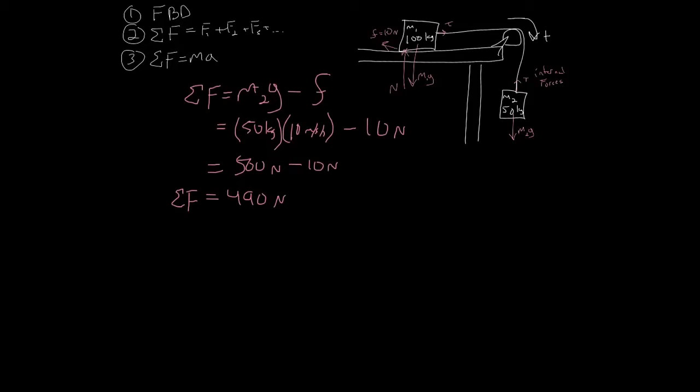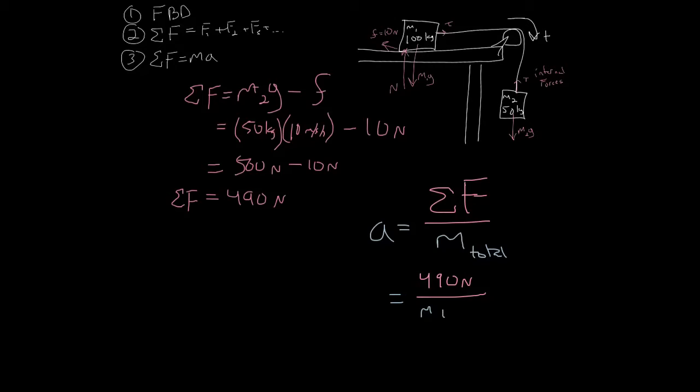Great. If that's our net force, I'll shrink that down a bit. I have step 1, my free body diagram. Step 2, I've gotten my net force, adding up all the forces, what doesn't cancel out, what I'm left with. And last but not least, to find the acceleration, my acceleration is going to be the net force, the same net force I found before, divided by my total mass. So acceleration is equal to the net force, which is 490 newtons, over the total mass, mass 1 plus mass 2.